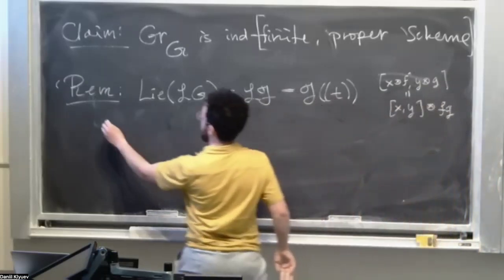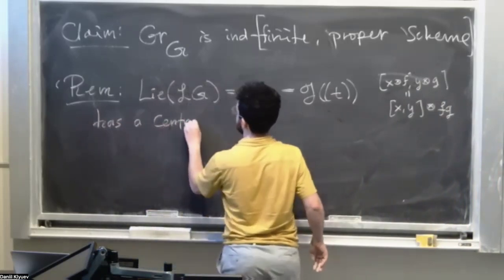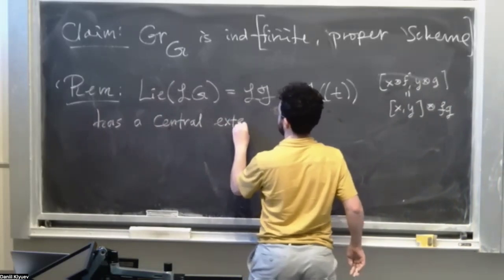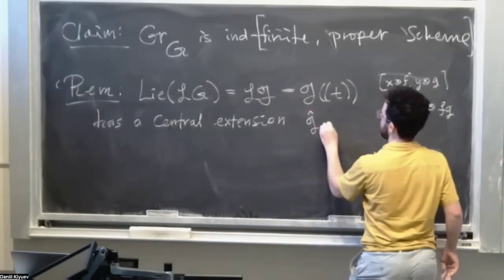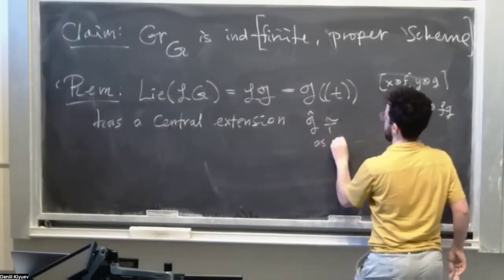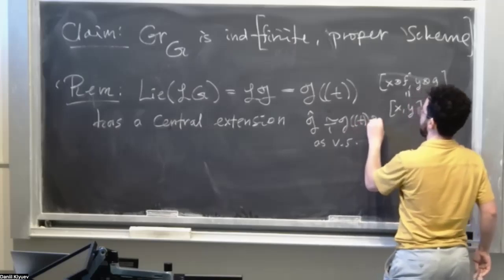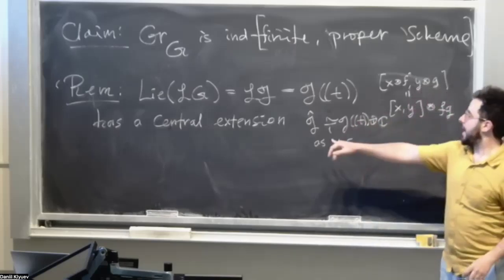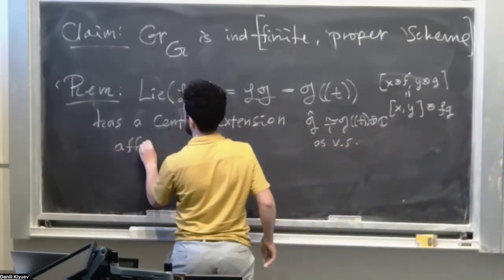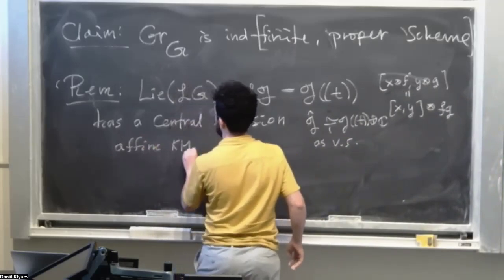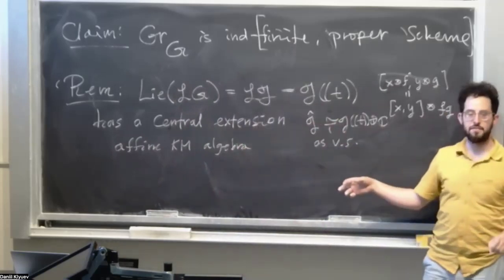And it has a central extension, denoted g hat, which as a vector space is just adding another copy of C. This is the affine Kac-Moody algebra, and it has a representation theory very similar to the finite case.